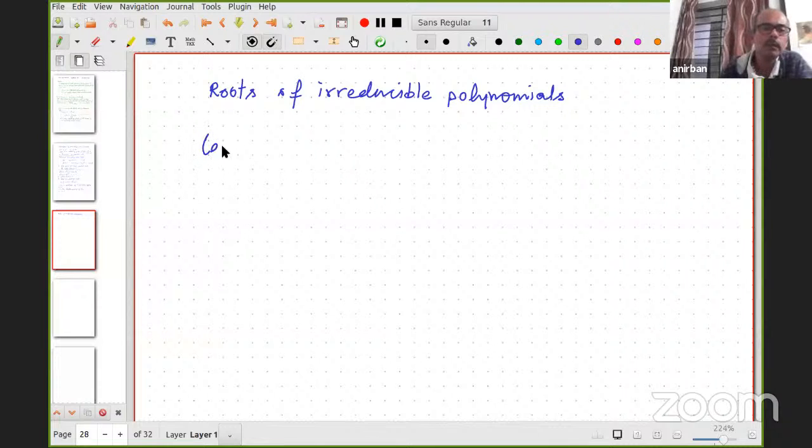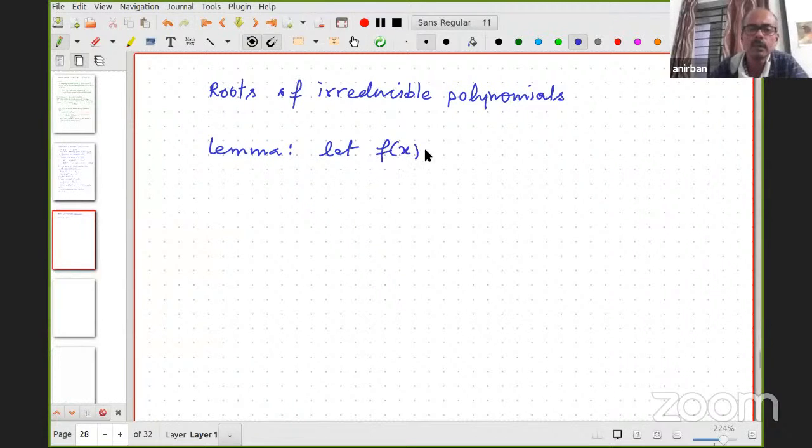So start with a lemma. Let f(x) be an irreducible polynomial in Fq[x].